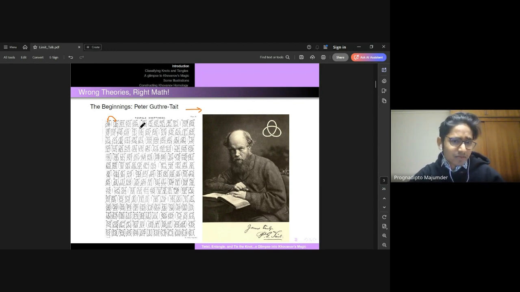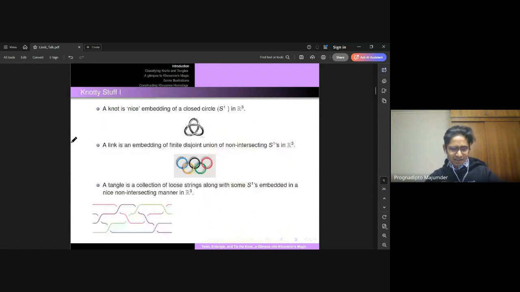But later on, people found out that there were a lot of redundancies in this picture. He drew a lot more than there actually are. Now, that brings back the question, when do we say that this is the same knot? Okay. And yeah, first, let's define some stuff. We're trying to do some nice embedding of a closed circle.